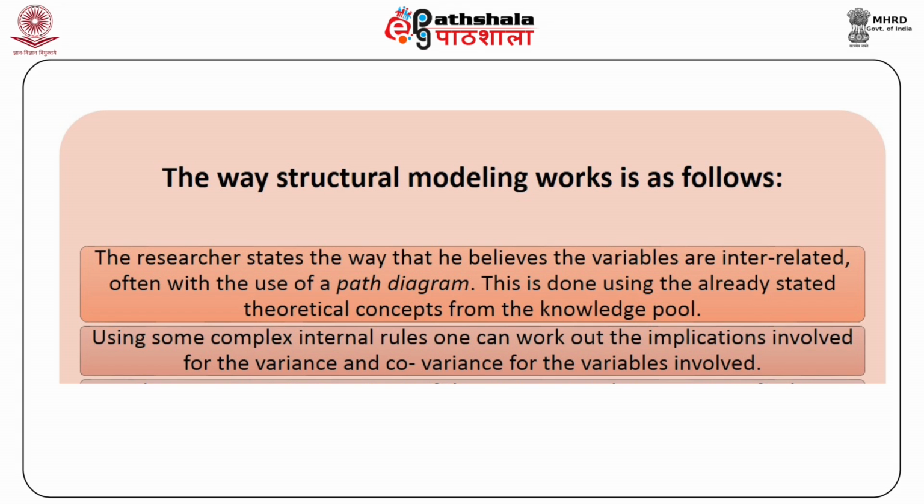Often this is done with the help of a path diagram, using the already stated theoretical concepts from the knowledge pool. So before one proceeds with the application of structural equation modeling, it is very important to have a sound knowledge pool of the particular area in which you want to proceed with your research.